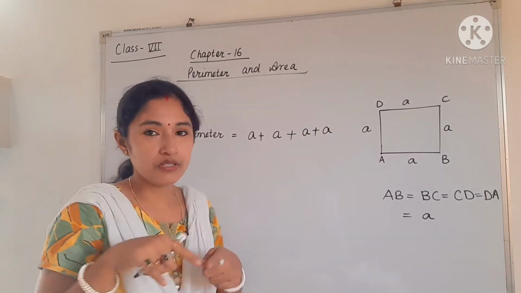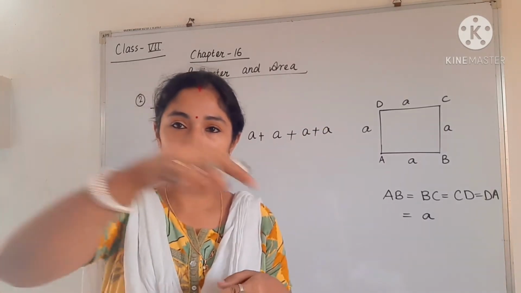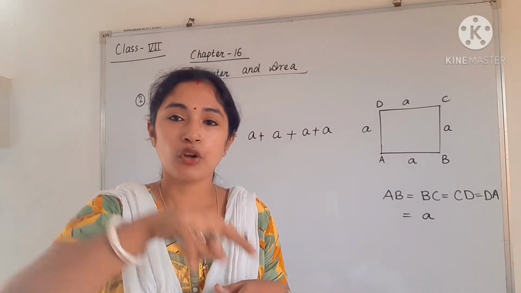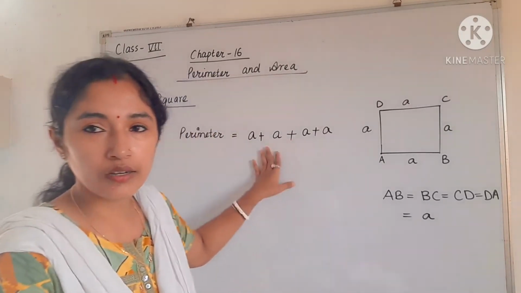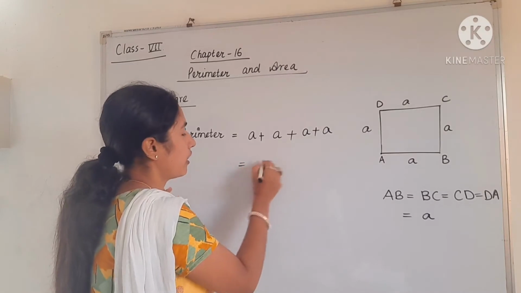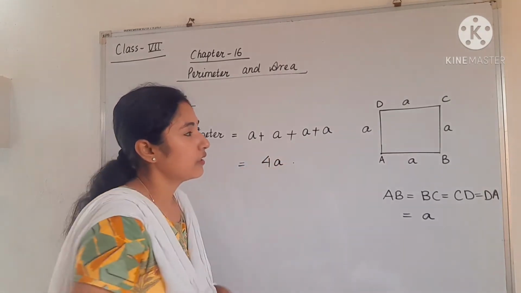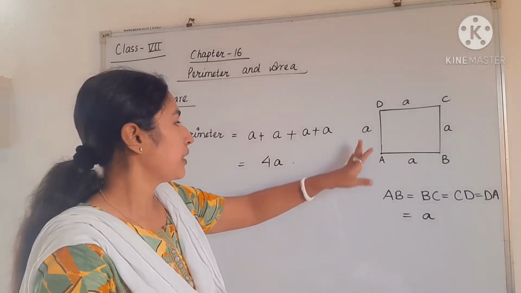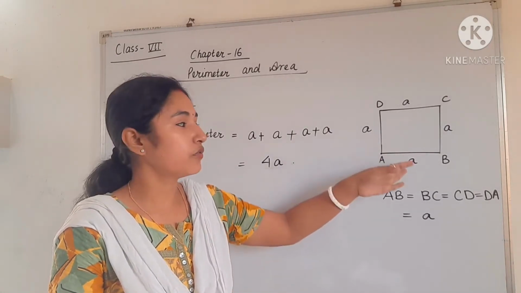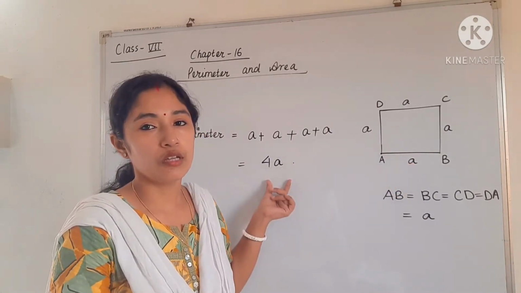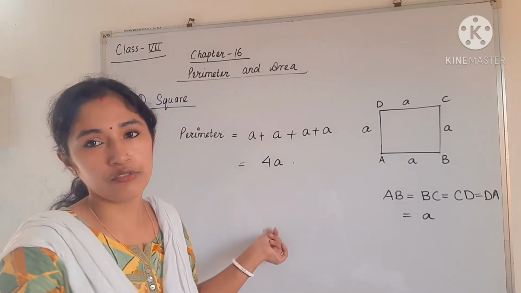A. That means we have to close it. Okay, we have to close the object. So how many A's are there? You can see here how many A's are there? 4A. So that means we can say that the perimeter of the square, or the total length of the boundary of the square, is what? 4 into A, or 4 times of A.